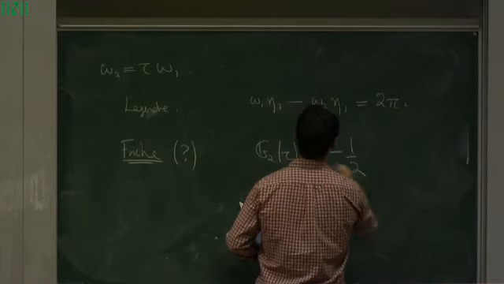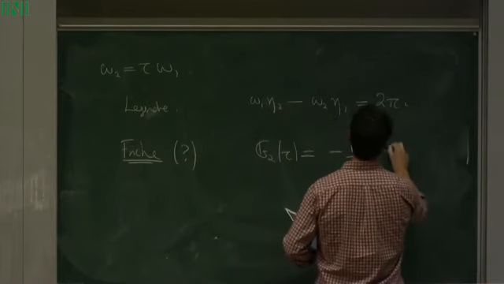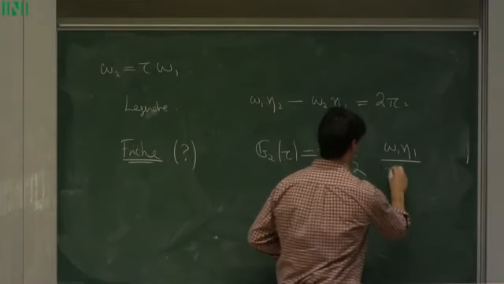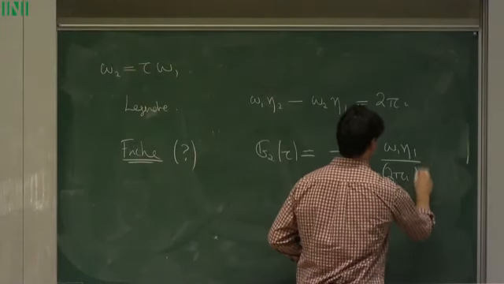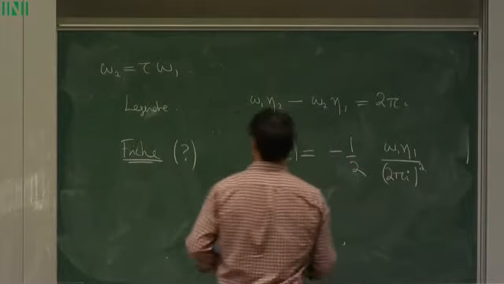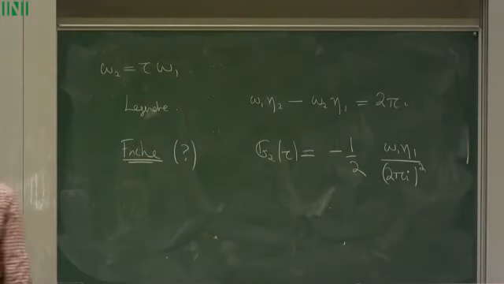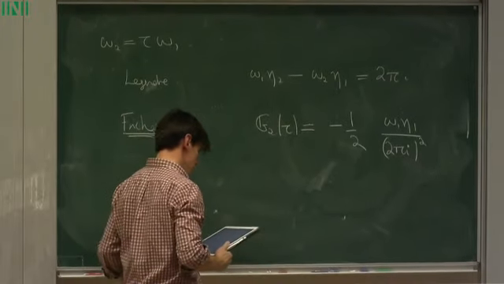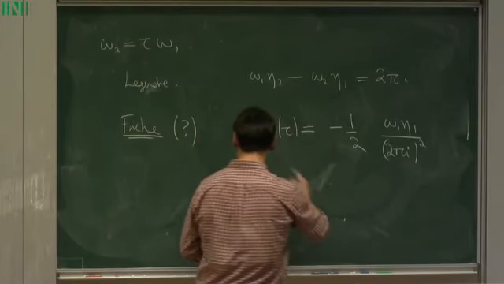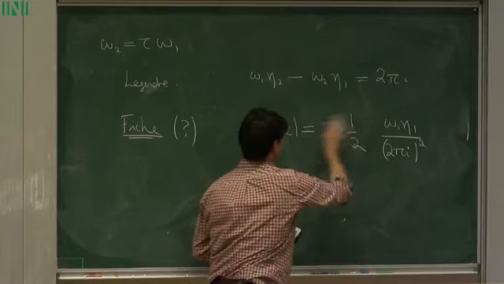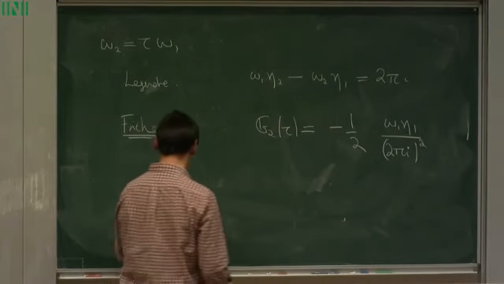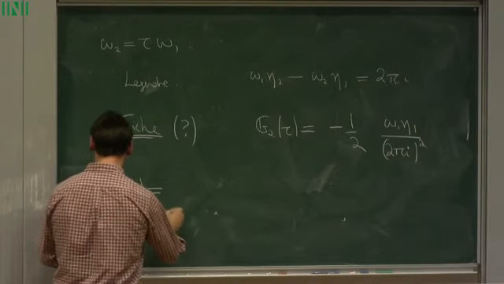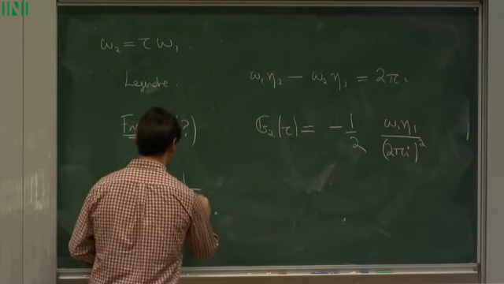So if you compute omega 1 eta 1, the product of the period and the quasi-period, over 2 pi i squared, then since the elliptic curve is actually determined by tau, you expect a relation between these quantities, and in fact this is G2 of tau. G2 of tau is the Eisenstein series of weight 2.